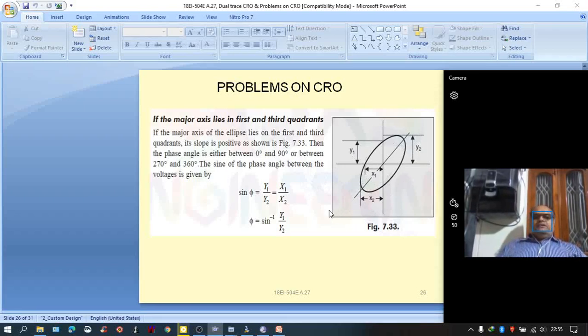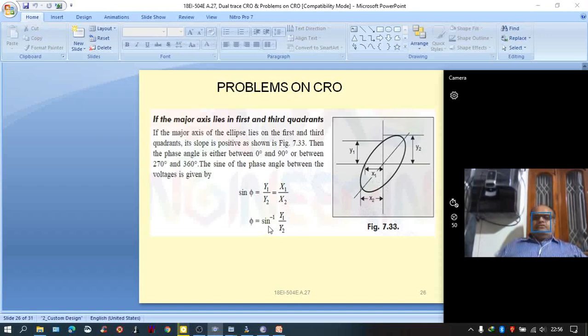Then the formula to find the phase angle is sin phi is equal to y1 by y2, or vertical intersection divided by vertical tangency, or is equal to x1 by x2, that is horizontal intersection by horizontal tangency.